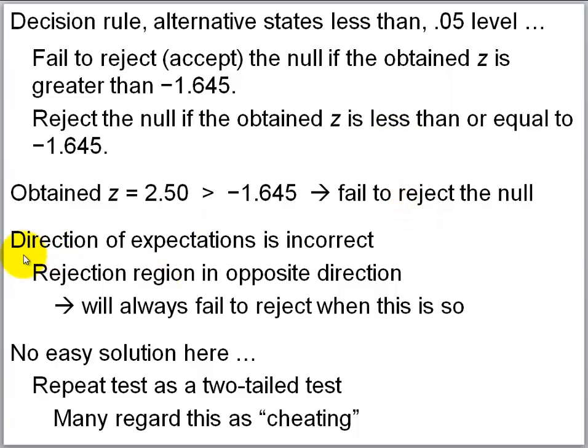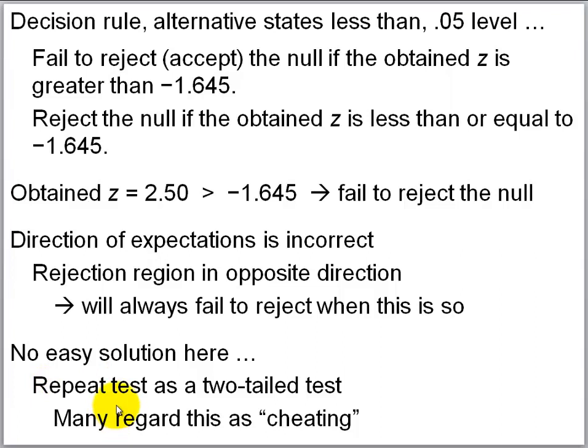Well, in this example, the direction of expectations is incorrect. The rejection region is in essence in the opposite direction to the direction of expected results. So if the results are in the expected direction, we're always going to fail to reject the null. This is a tricky situation, and it demonstrates why you should try to stick to two-tailed tests.